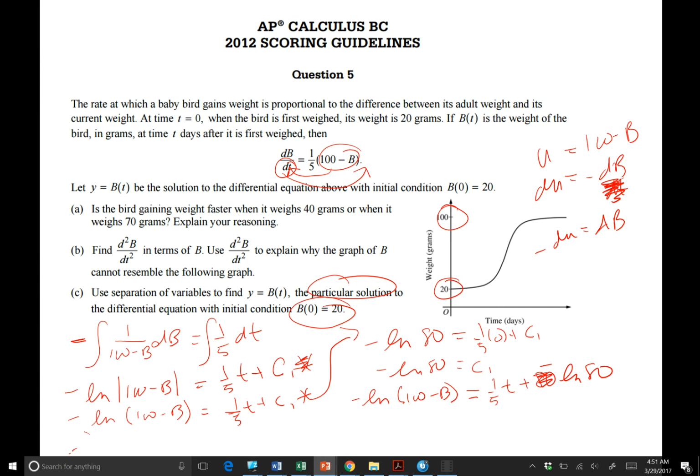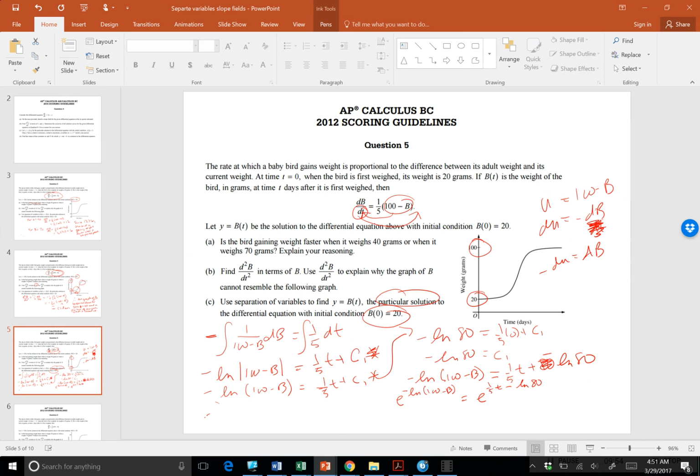Then I'm going to exponentiate it. So I'm going to do e to the negative natural log of 100 minus b equals e to the 1/5 t minus the natural log of 80. Let me see if I can get myself some more space here.